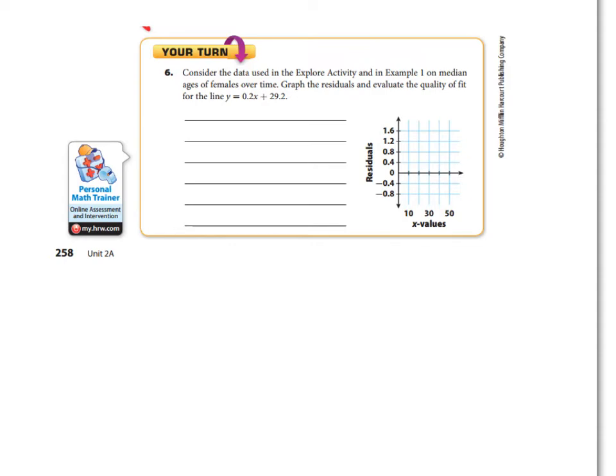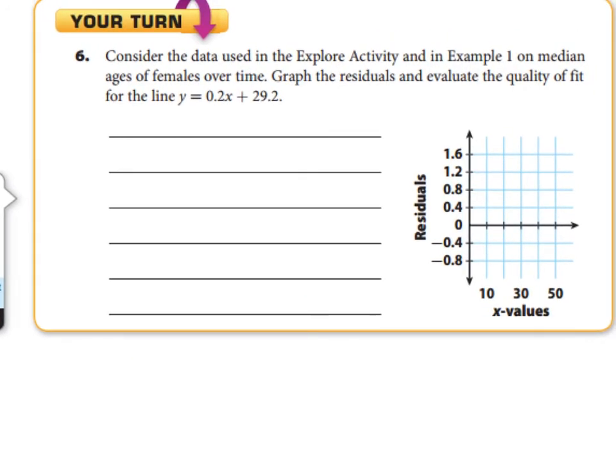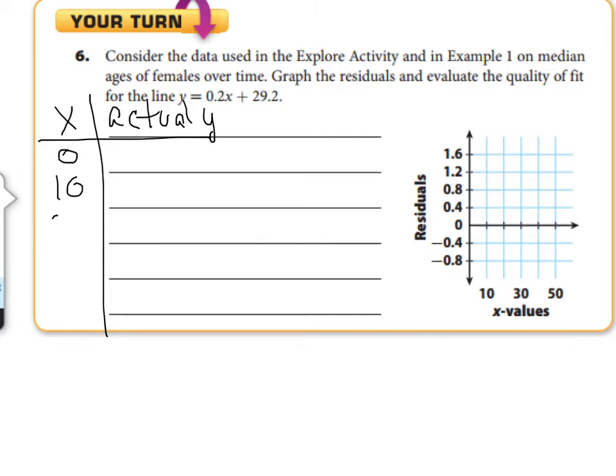So we're starting back at the same table from the beginning of the problem. So I'm going to go ahead and list my first two rows here. So we have x, we have the actual y, our x values were again 0, 10, 20, 30, and 40.